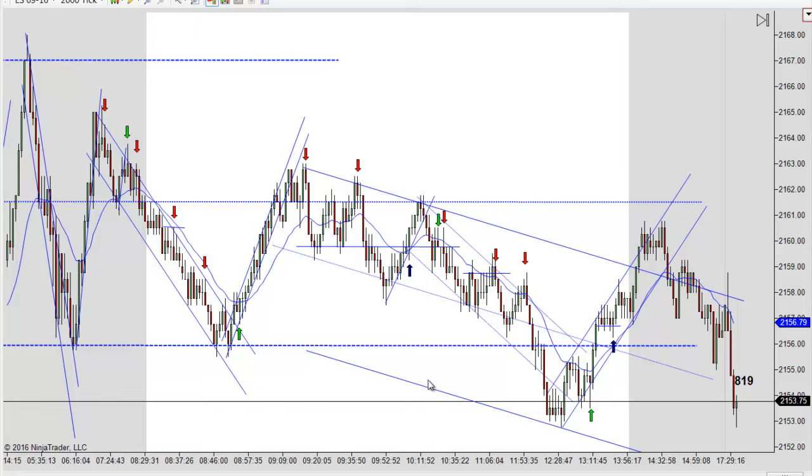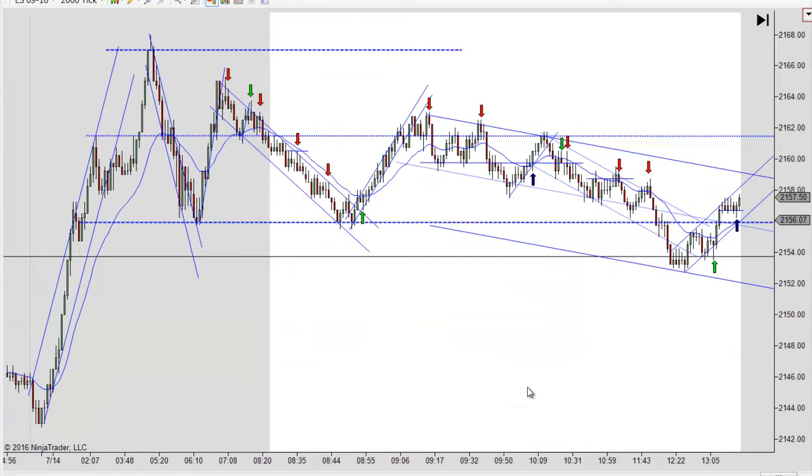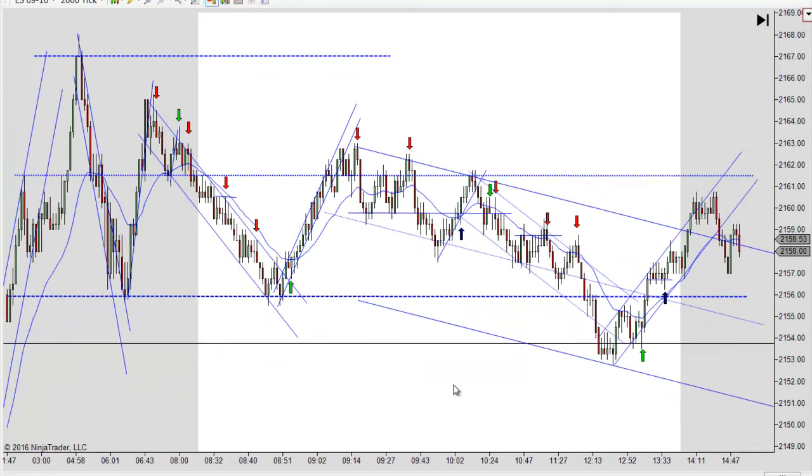And that's the key to this thing. Key entry points. I always say that. Key entry points. Where are those key entry points? In ranges, they're the support and the resistance areas. And in trend channels, which are basically just slanted support and resistance levels, it's mainly the trend side.